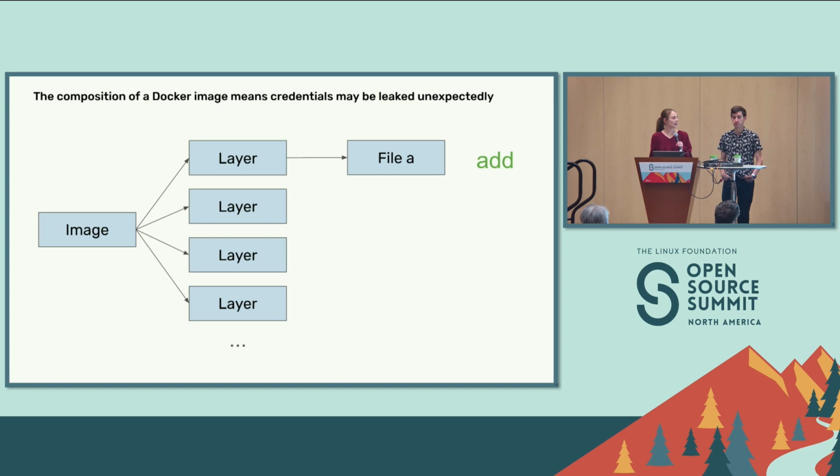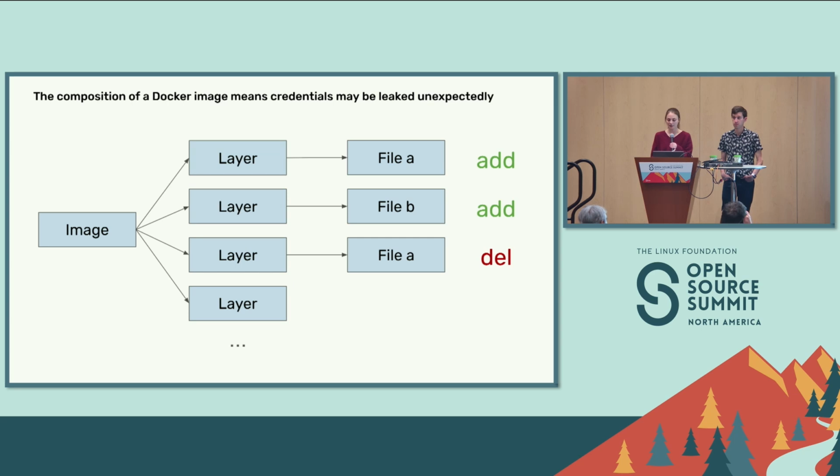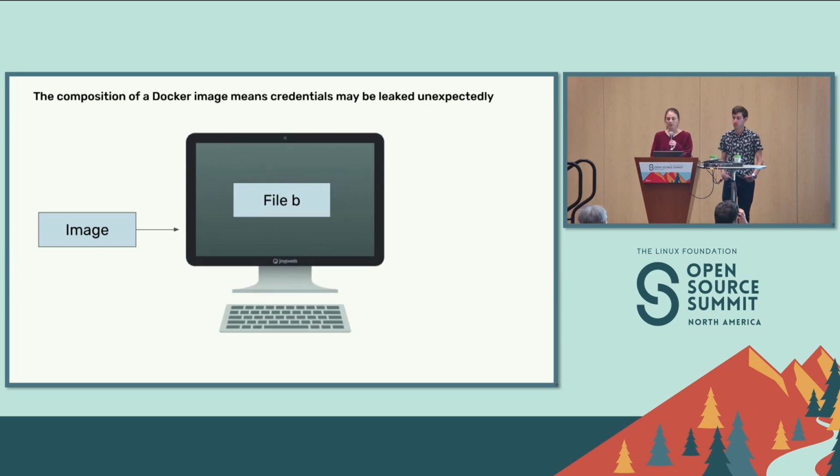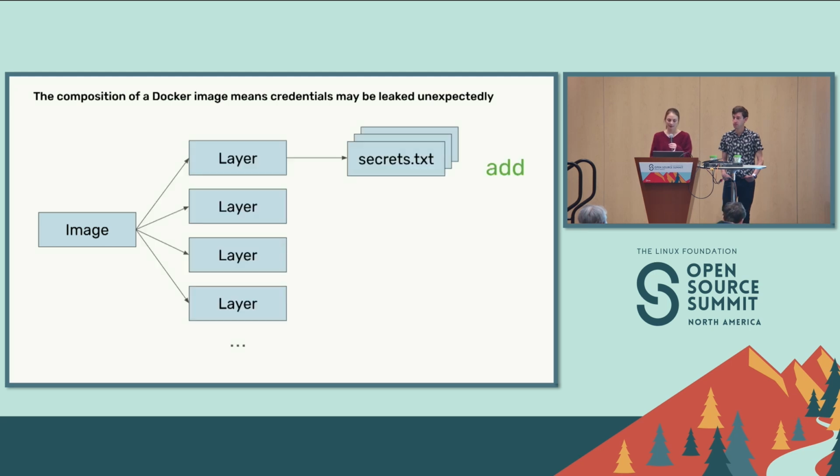So for example, say in this first layer we add file A, in the second layer we add file B, and in the third layer we delete file A. When I pull the image and apply those layers, the final file system is only going to include file B, not file A. And so you can probably imagine how this could cause some problems when it comes to leaked credentials.